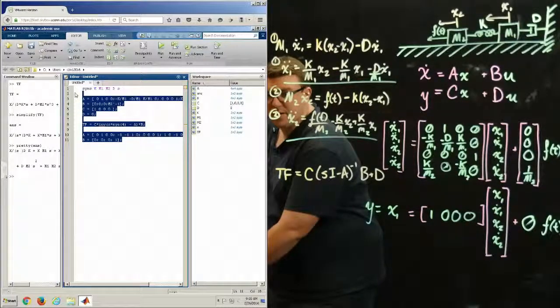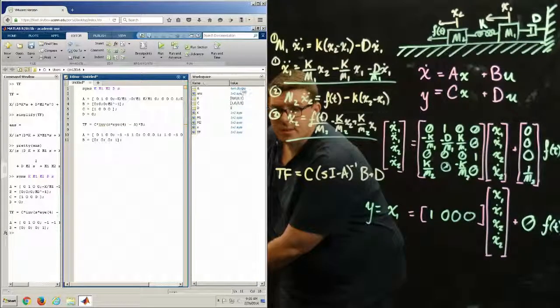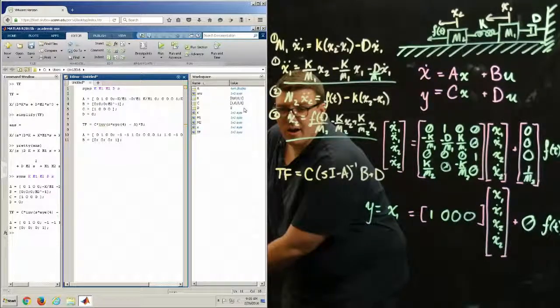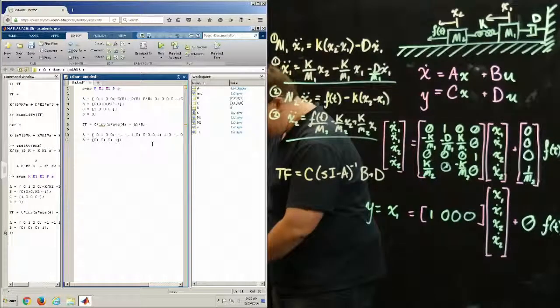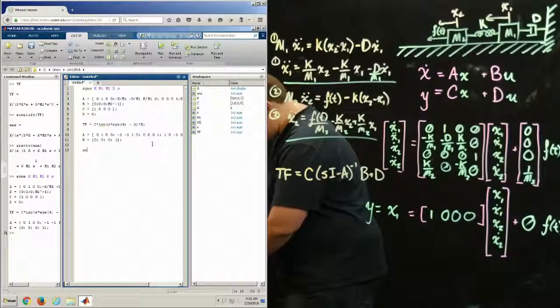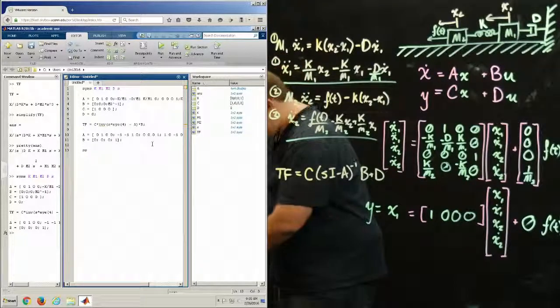So if we execute all of this code, we should get A and B as doubles, which they are, and C and D as doubles. So now that we have A, B, C, and D, we can create a state space variable by doing SS.